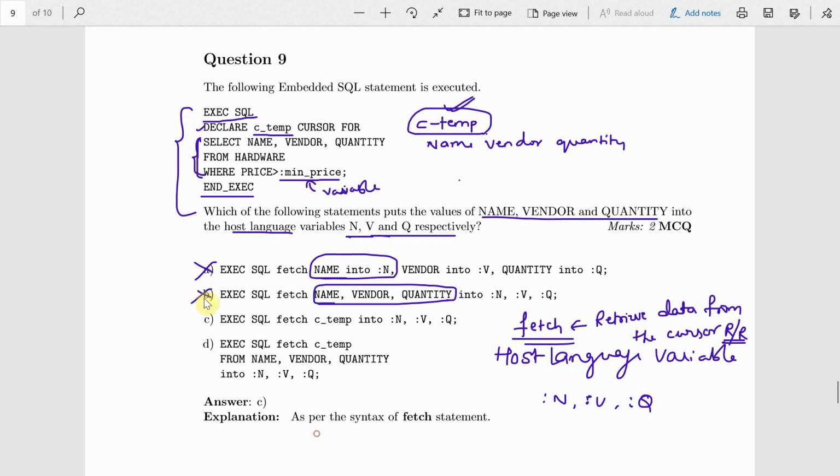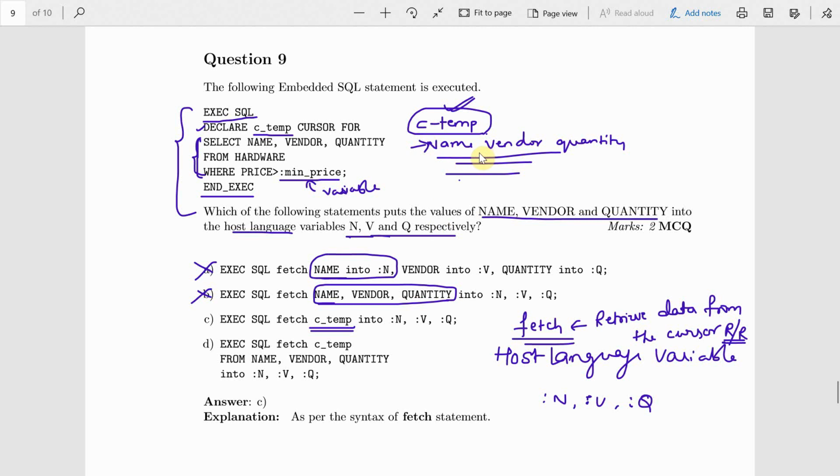This is also wrong. EXEC SQL FETCH ctemp means I am fetching data now from ctemp. What is ctemp? Ctemp is a cursor variable, and it contains the data of this SQL query. That data is the rows with columns name, vendor, quantity. Each time you fetch ctemp, it holds one row.